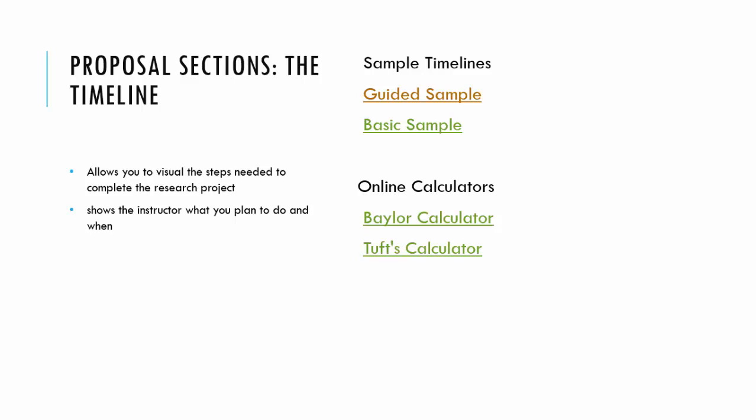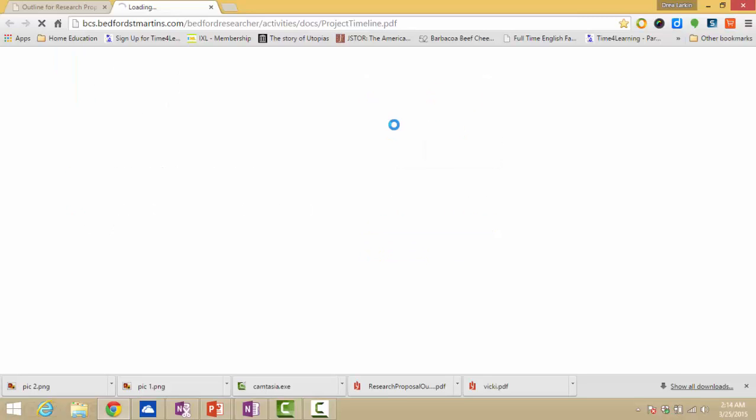I know that sounds really confusing, so I'll show you a couple of sample timelines, and then I'll show you there are online calculators that can help you come up with a timeline just by putting in the start date of your research, the end date of your research, and the kind of research you're doing. So first, let's look at the basic sample.